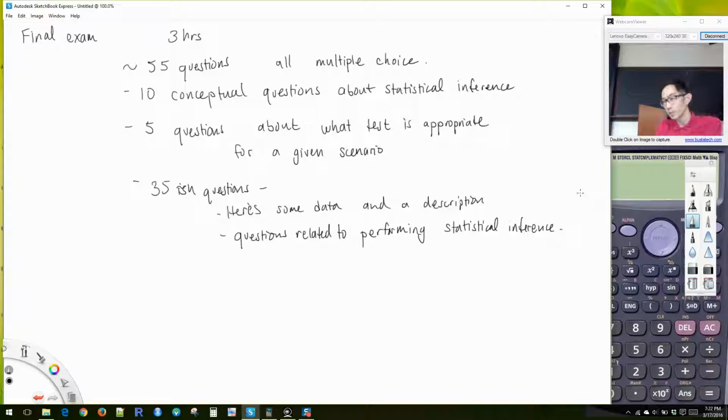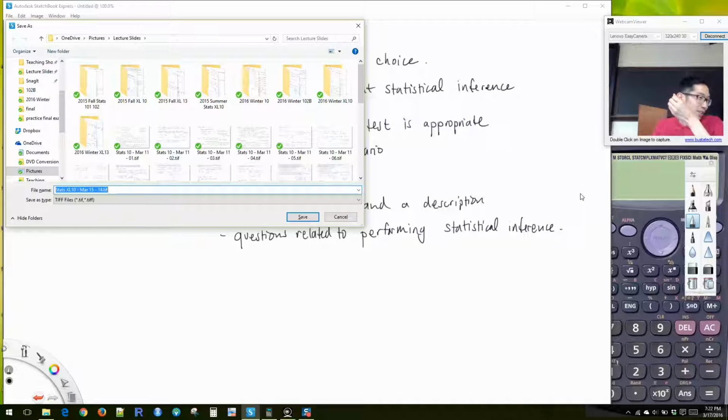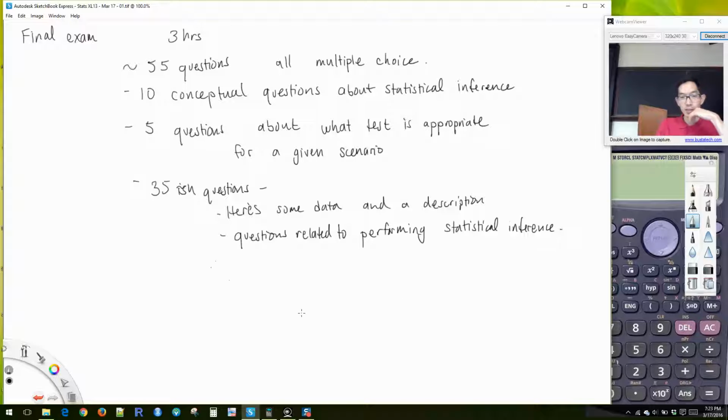So something like, here's some data. If you're going to do a t-test for independent samples, what would the hypotheses be? What would this and that be? So questions that you might see will be like: what are the hypotheses, if it's a hypothesis test?